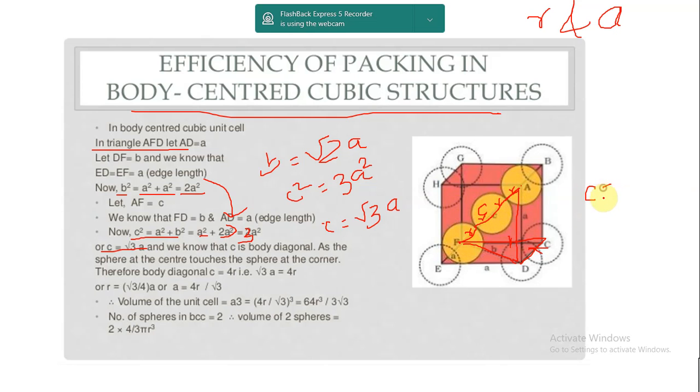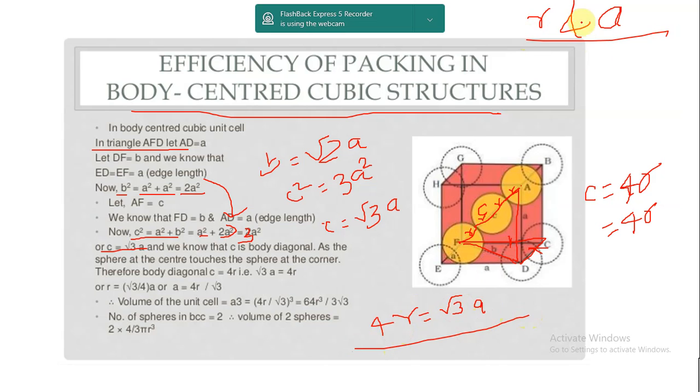So C equals 4R. So I can write 4R equals root 3 A. So here I found the relation between R and A, that is R equals root 3 upon 4 A. So R and A we have found out.